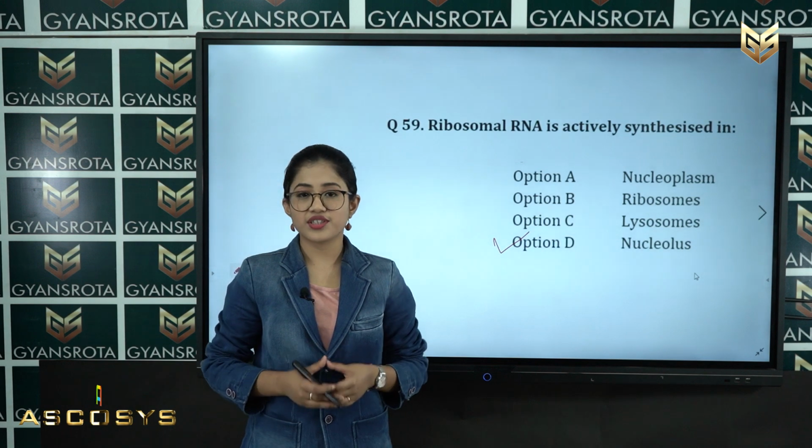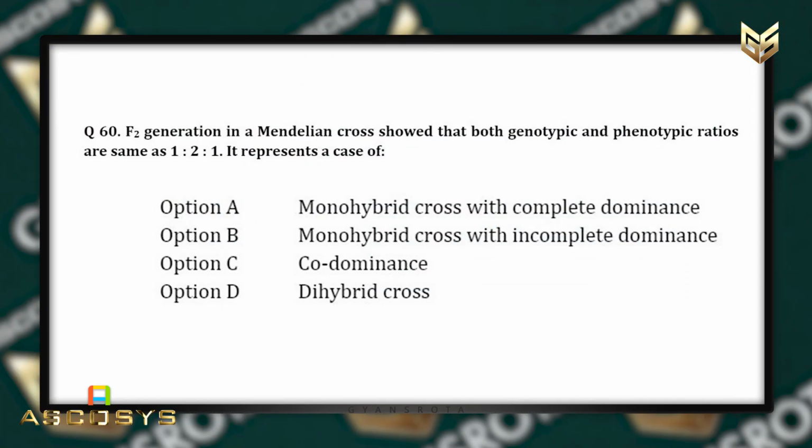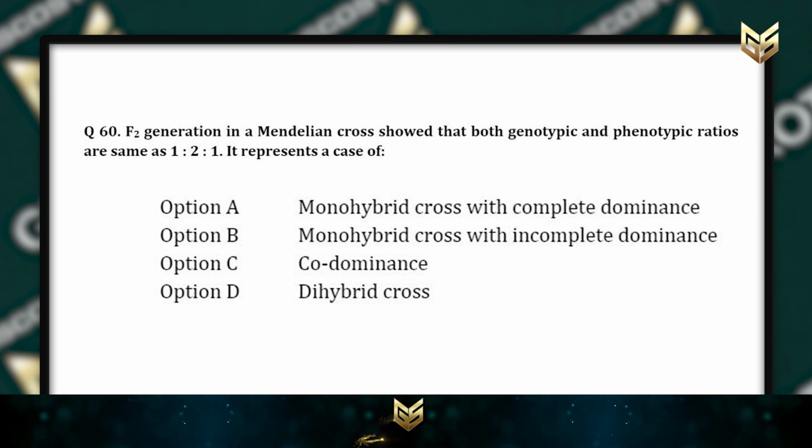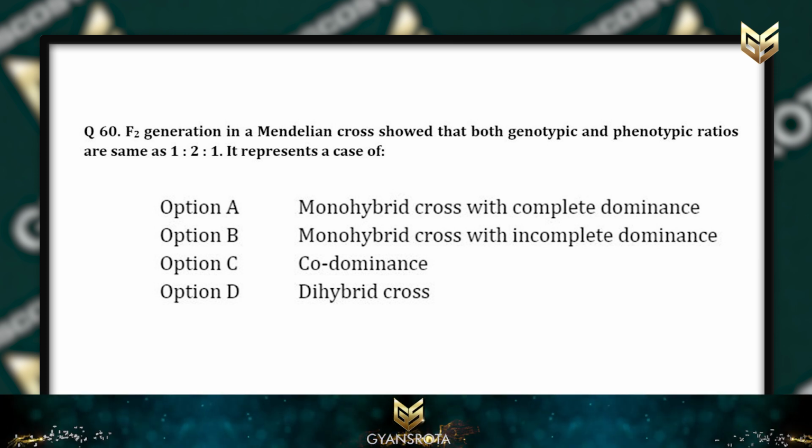Now let's see the next question, that is question number 60. F2 generation in a Mendelian cross showed that both the genotypic and phenotypic ratios are same as 1:2:1. It represents a case of option number A, monohybrid cross with complete dominance, option number B, monohybrid cross with incomplete dominance, and option number C, codominance, and the last option is option number D, dihybrid cross.